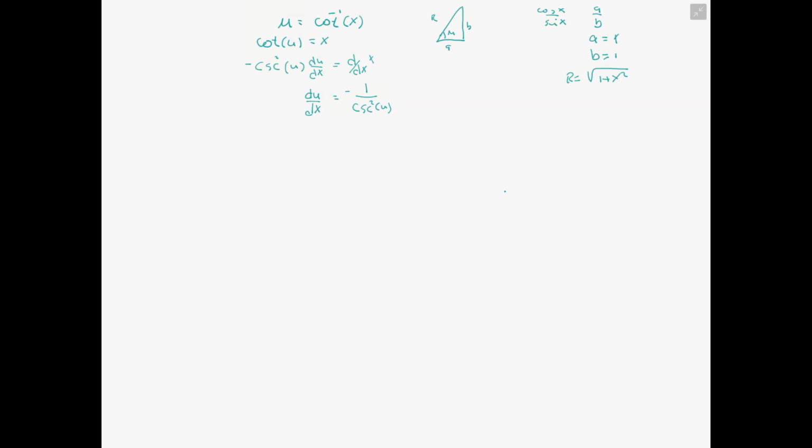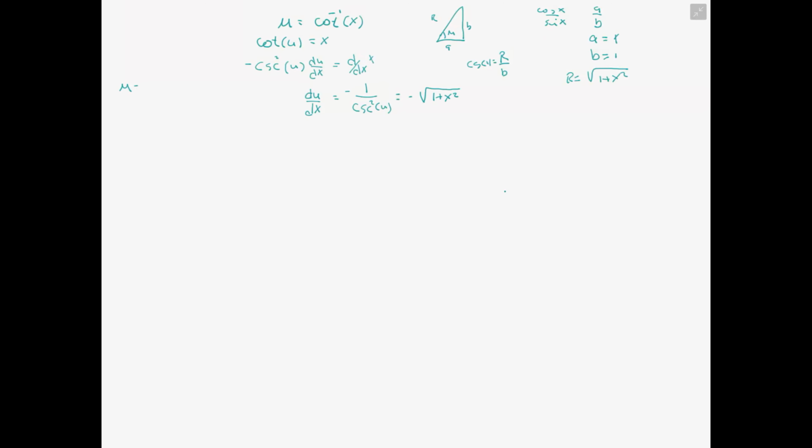And the cosecant is r on b. So we have minus r on b, so we have 1 plus x squared, and that's a negative. So that's du dx.